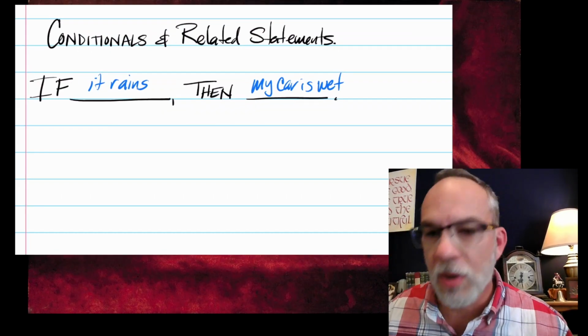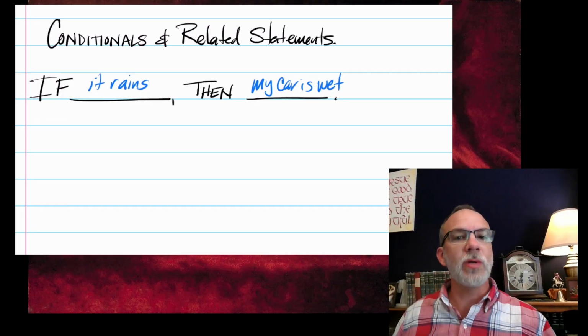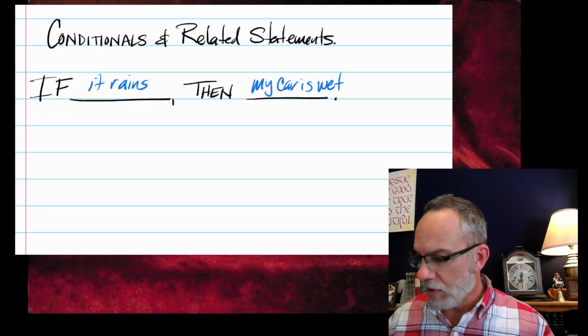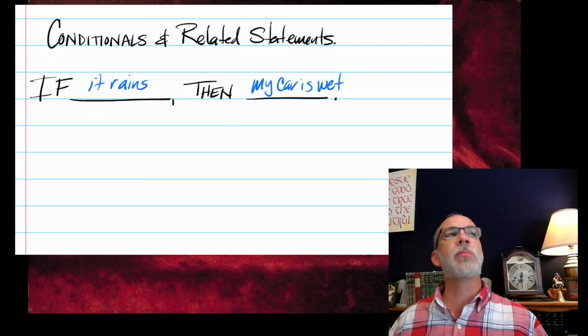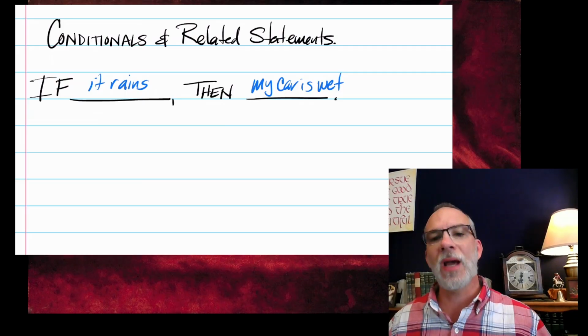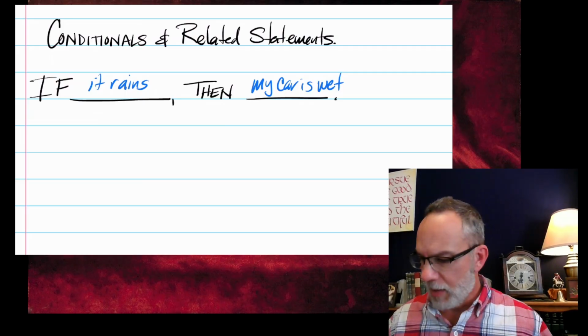And of course, I parked outside, and so yes, that's true. If it rains, then my car is wet. You can put any declarative statement in there that you want to. Like, if the sky is blue, then I'm in a happy mood, or whatever.